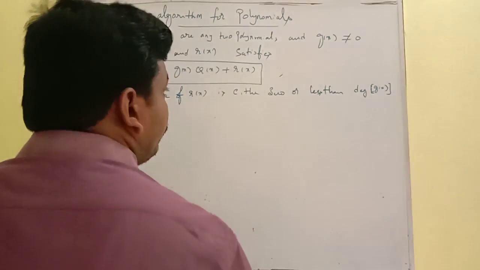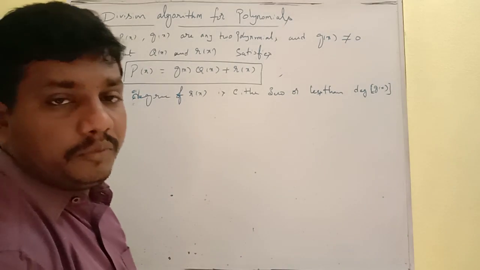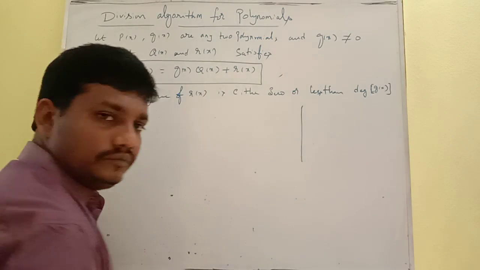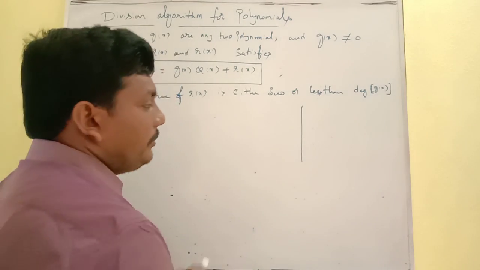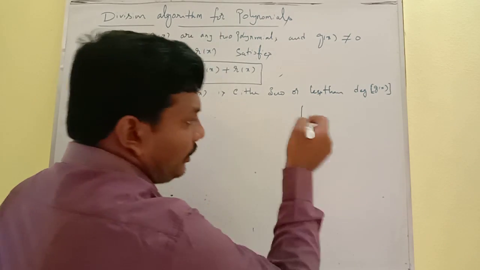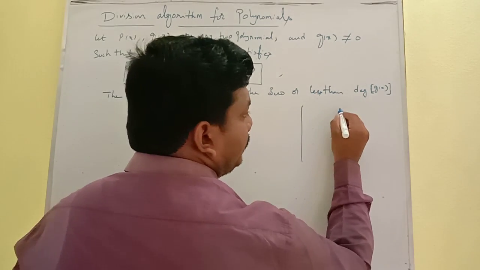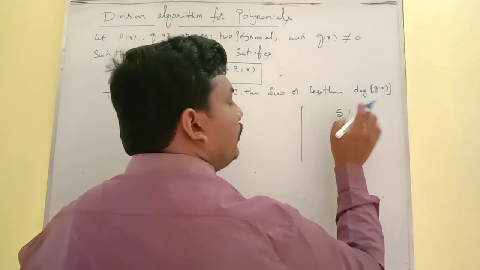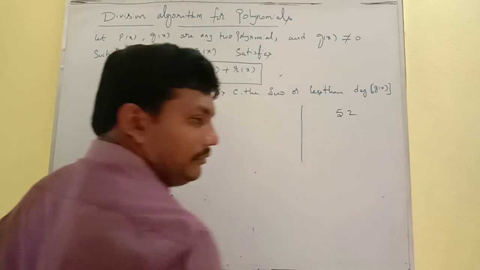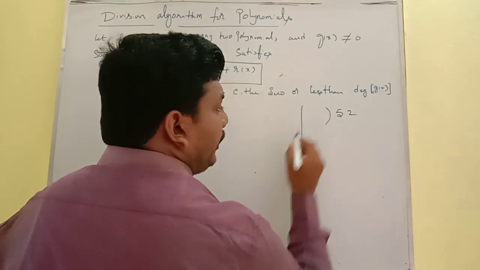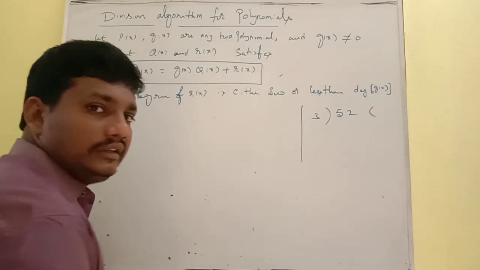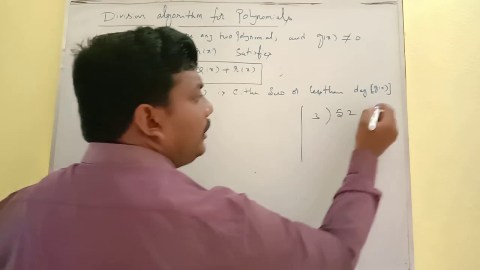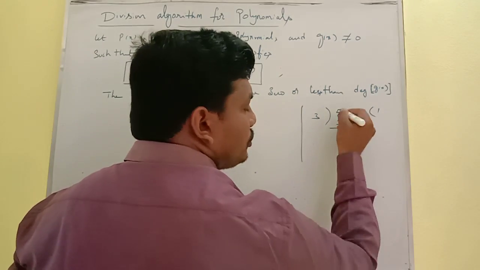Before going to this division algorithm for polynomials, let me discuss division. So what is division for integers? Suppose you take 52 as a number and we are going to divide by 3. For better understanding, I am going to take this example. 3 ones are 3, so the remainder will be 2.